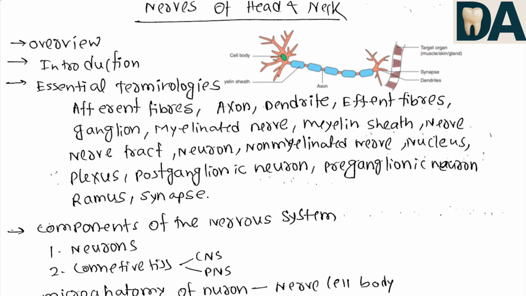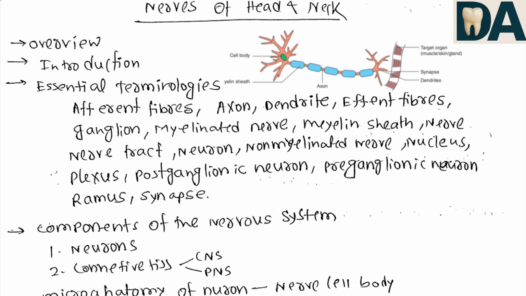One is afferent fibers. Afferent fibers are axons that carry impulses towards the central nervous system, also called sensory fibers.